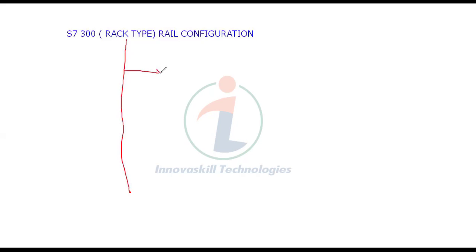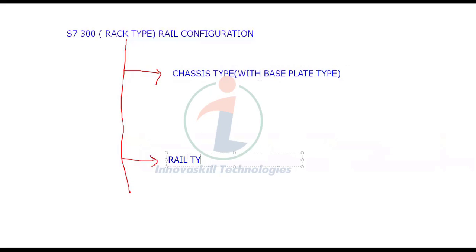One is chassis type, otherwise called the with base plate type, and the other type is called rail configuration, rail type.